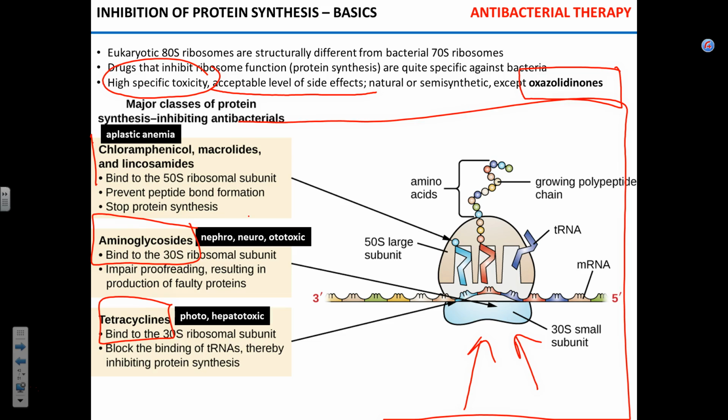Drugs such as chloramphenicol, different macrolides, which include drugs like erythromycin, and lincosamides, like clindamycin, bind to the 50S subunit. Oxazolidinone, as you will see, has a fairly unique mechanism for inhibiting protein synthesis.